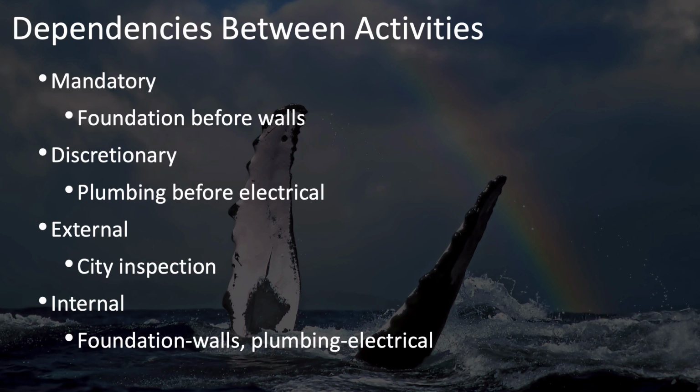Internal dependencies are those that don't have an external constraint driving this dependency, but are driven by the project team, either because it's a mandatory requirement, such as the foundations being done before the walls, or because it's best practice, such as completing the plumbing before doing the electrical.